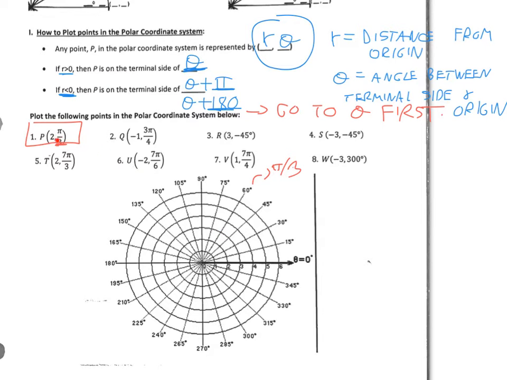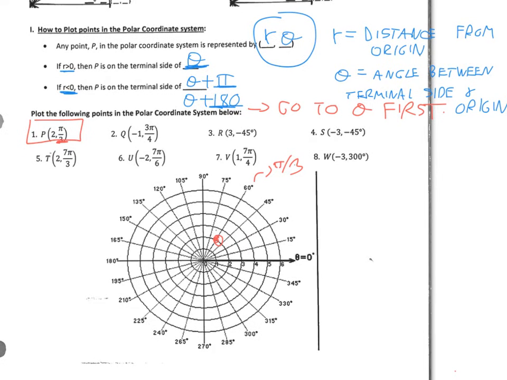Now it's saying the radius is 2, so what that means is I shoot out 2 units from the origin, so I'm on the second circle, right? Right exactly there is where that point's going to be for point P. So let's see here, point P. It's kind of tough to do, but this is point P. All right, so kind of cross that out.